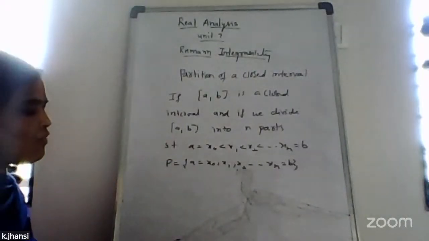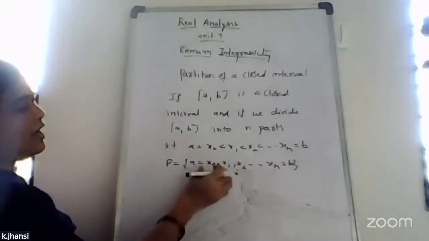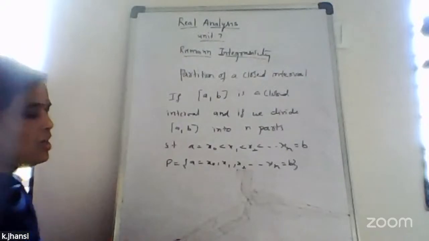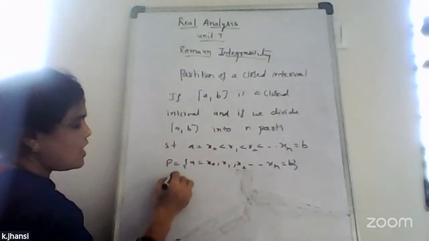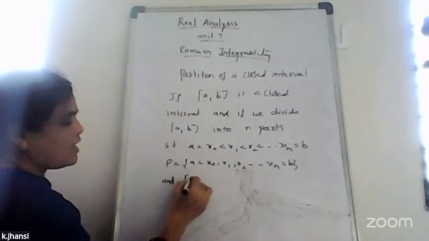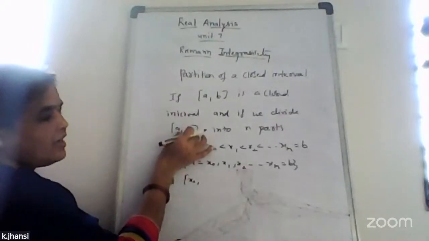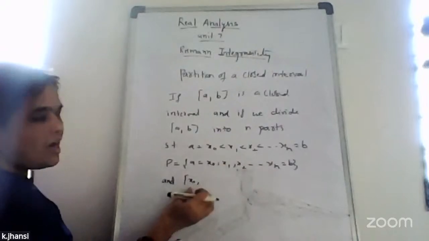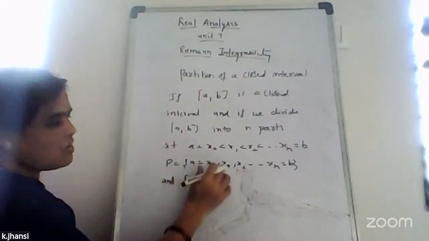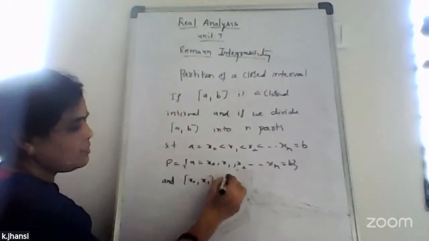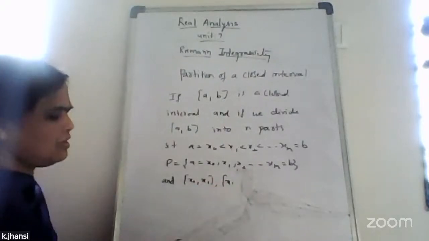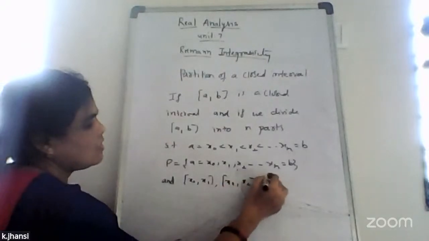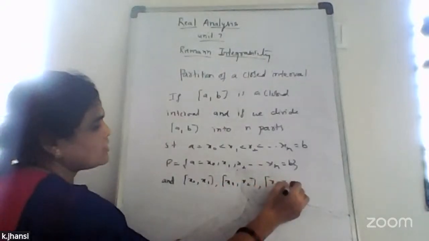So here, whatever the elements are, we can write them as subintervals. This is the main interval, and from these elements we write the subintervals, that is x naught comma x1, after that x1 comma x2, next x2 comma x3, and so on.